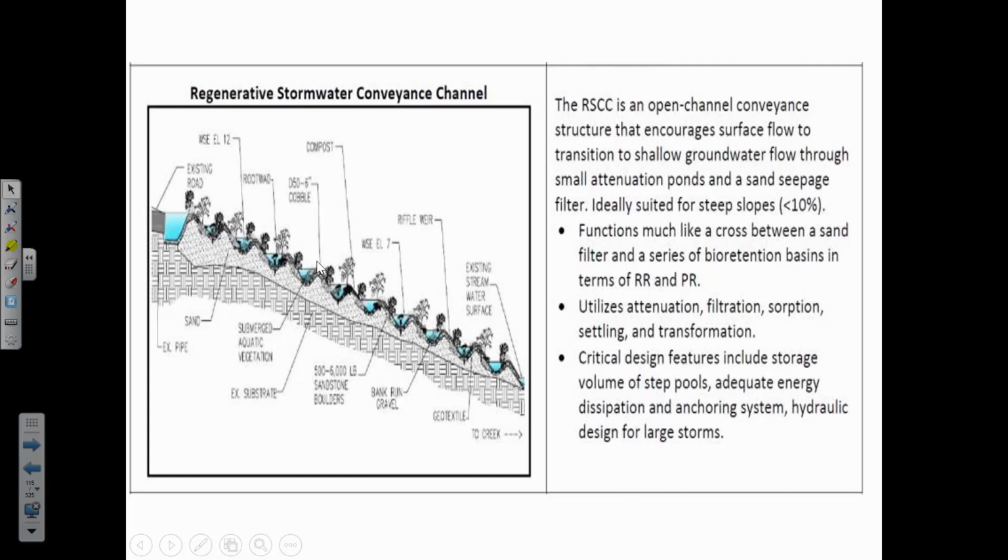And so this is kind of like a series of tanks that fills up. And because of that, there's a lot more delay and routing, and there's some storage volume here. If you just had water flowing over a smooth surface, there would be very limited storage. It would maybe be just a couple of millimeters of depth, and it would be moving very quickly. And so here, not only are we having a delay in time, but also some place for the water to be detained as it makes its way towards a creek, which is the ultimate receiving location for the runoff.